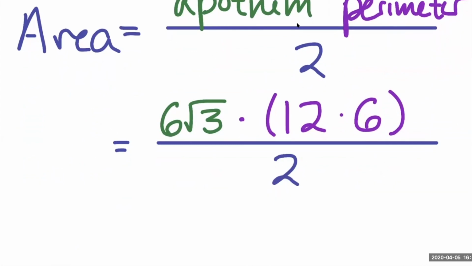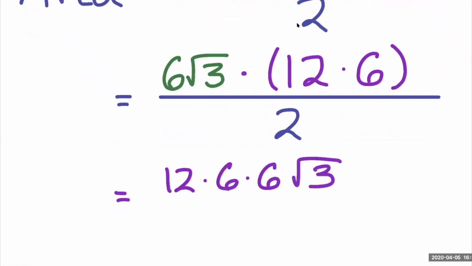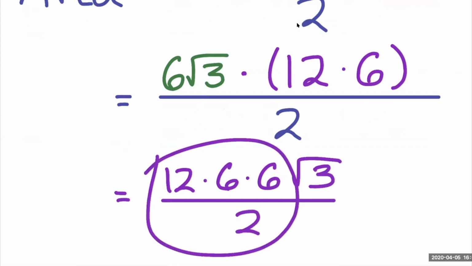And now it's just a matter of simplifying. So 12 times 6 root 3 all over 2. I know that nothing's going to affect my root 3, so I can just look at the 12 times 6 over 2.